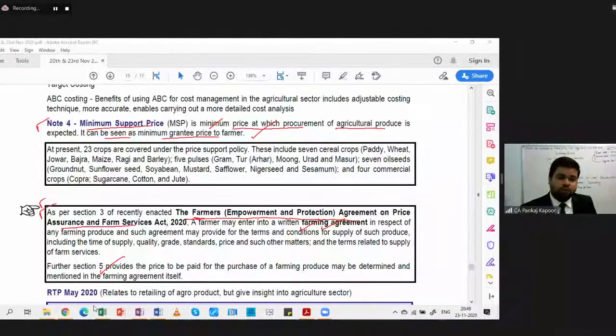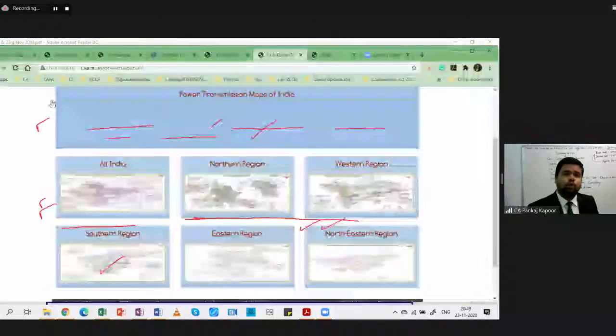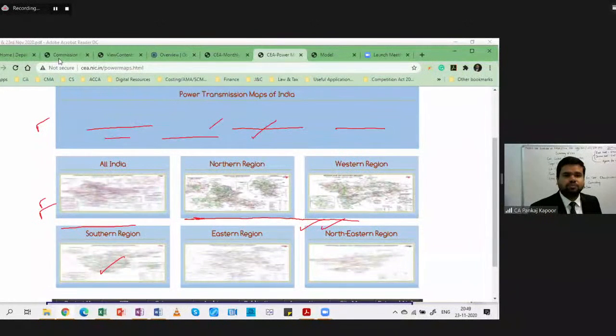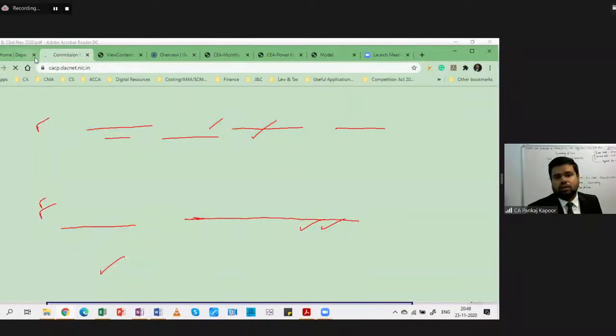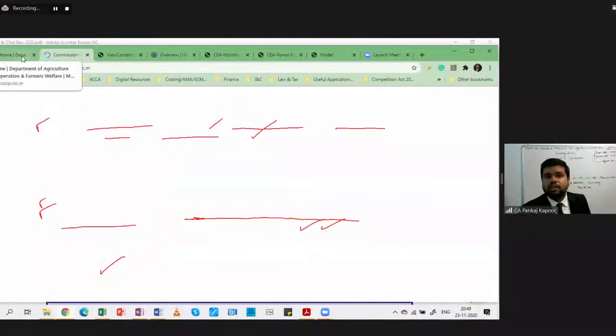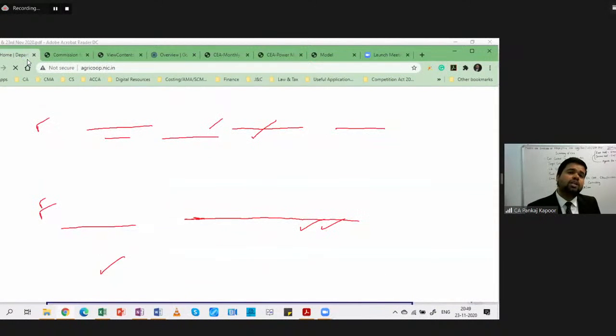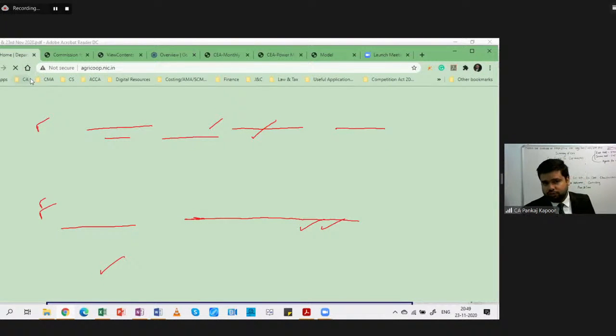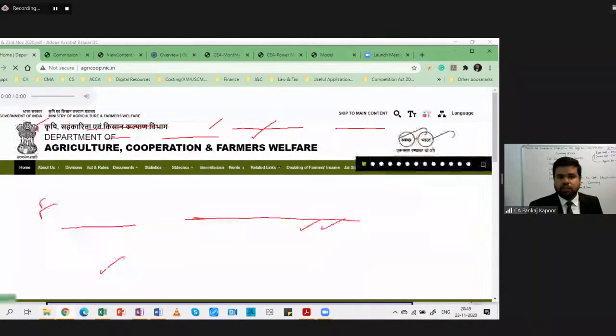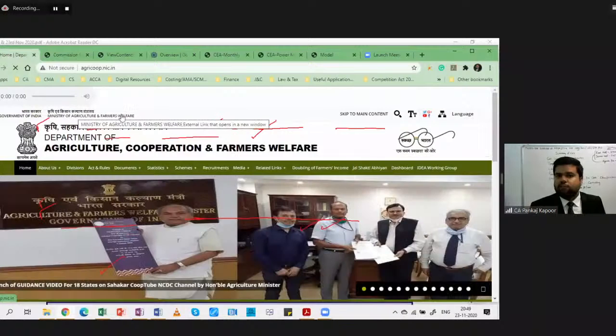The first question that arises is: who determines the minimum spot price? In India, there is the Ministry of Agriculture and Farmers Welfare.